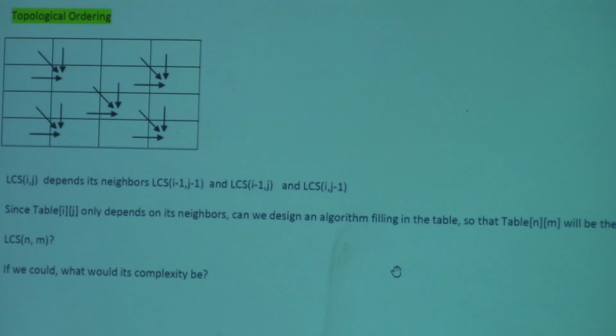And we know that column 0 is all zeros, because they represent epsilons, empty strings. So LCS ij depends only on the neighbors. This is the diagonal neighbor, this is the neighbor to the left, and this is the neighbor above.